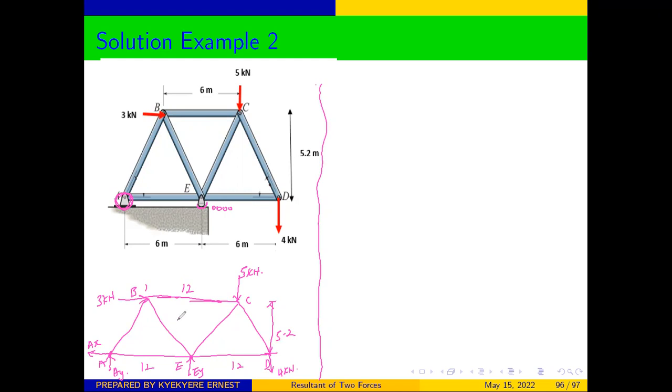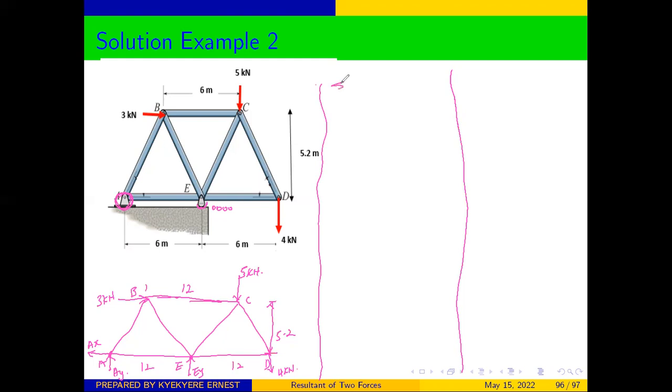Now, what we need to do is to simplify our problem. The first thing you need to do after drawing the free body diagram is to use the equations of equilibrium to determine the reactions at support, or the external forces. And once you are done determining the external forces, you can determine the internal forces by disassembling the member, or splitting the member, and analyzing each joint.